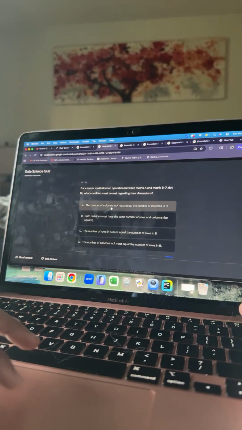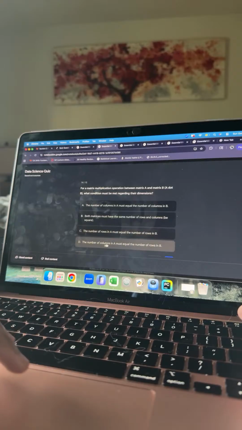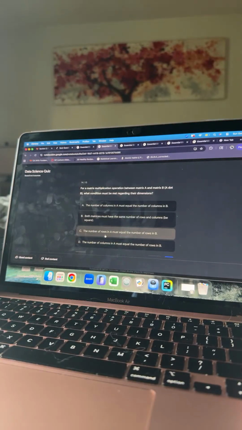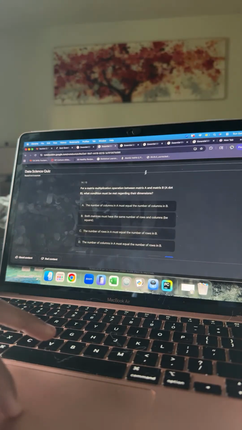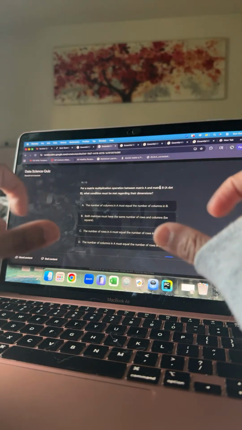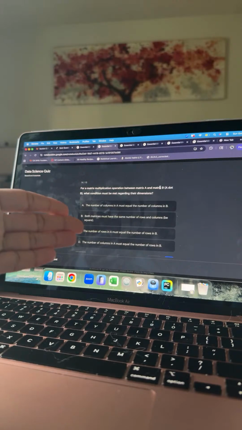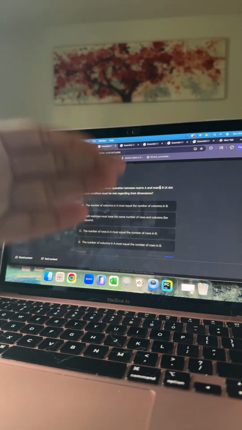So the number of columns, not columns, the number of rows, not rows, the number of column. Oh wait, sorry. I was thinking dot product with vectors, but this is matrix. Okay, so matrix A and matrix B. The inner numbers have to be equivalent, not the outer ones. The outer ones could be different. Let's say i times j dot j times k.